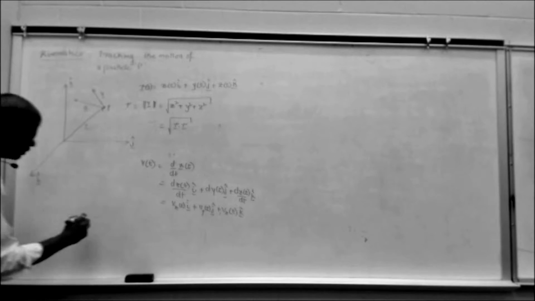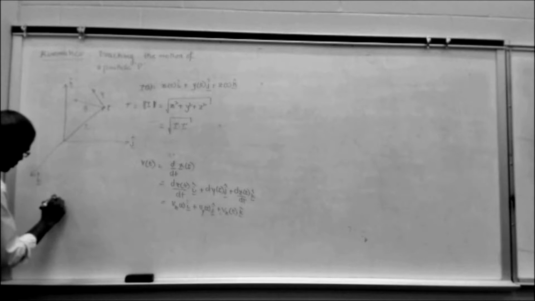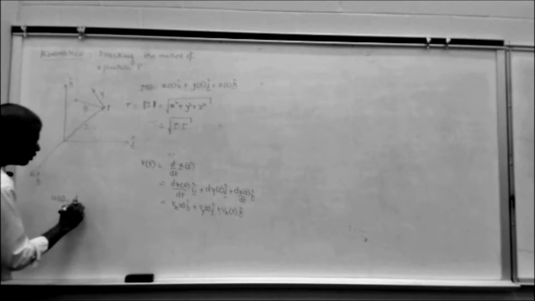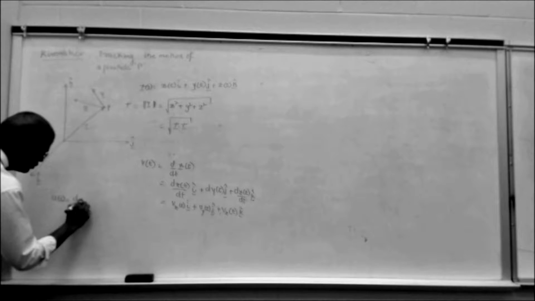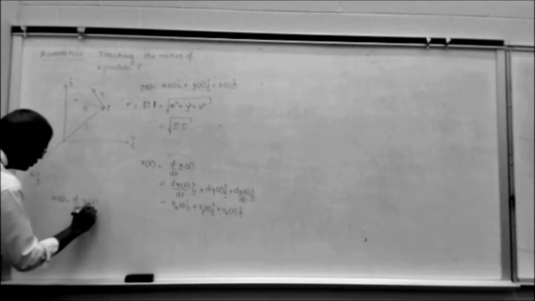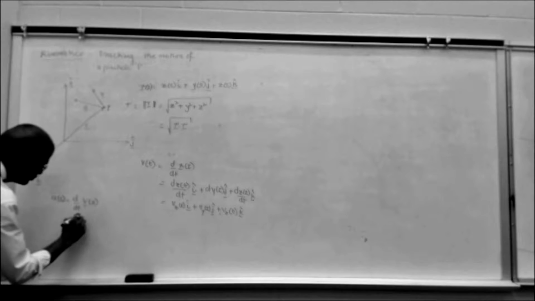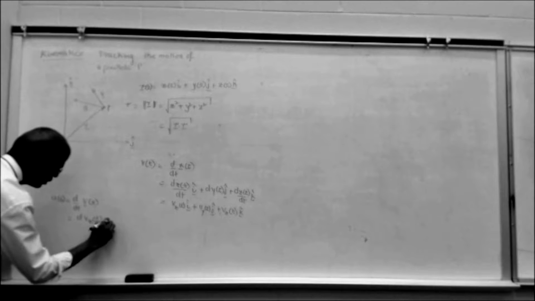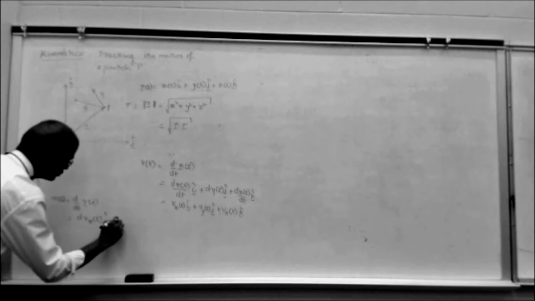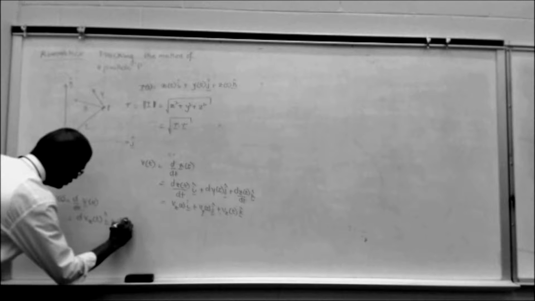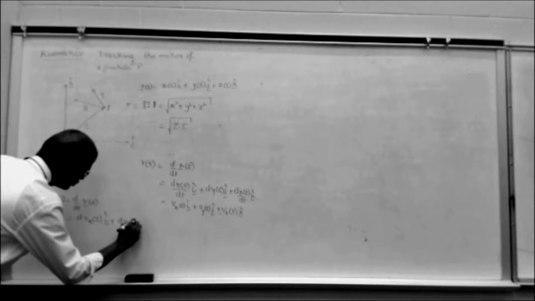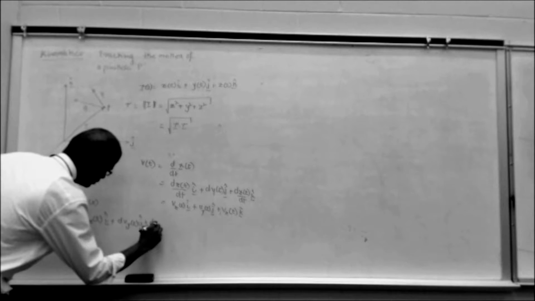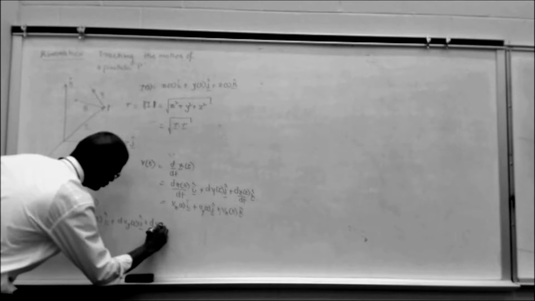And finally, acceleration a of t is equal to d over dt of v of t, which is equal to d Vx of t over dt i plus d Vy of t over dt j plus d Vz of t over dt k.